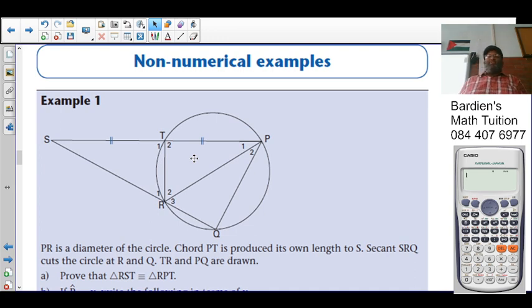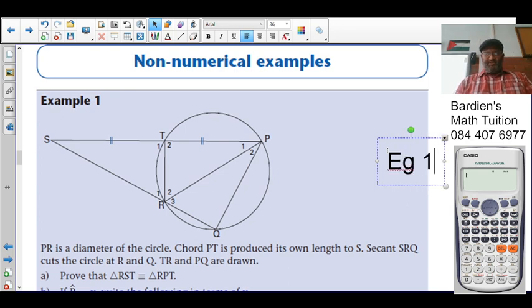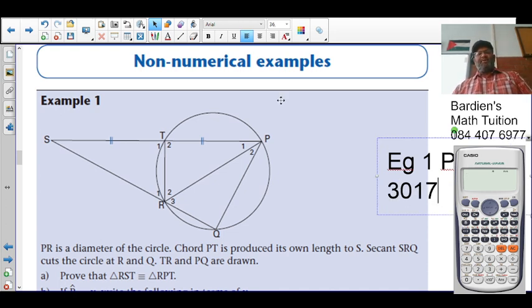Today we're going to look at riders or sums that have no value for the angle, as we had before. It's basically going to be unknown angles here. This non-numerical example is on page 300 and the exercise is on page 319.